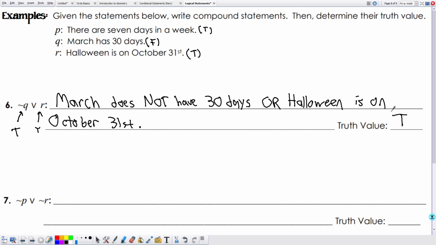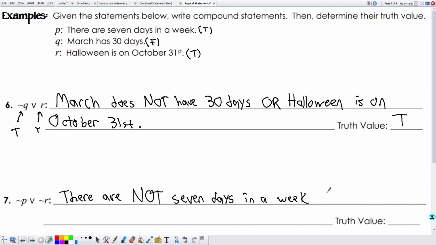And finally, number 7. This one's probably the most complicated one, but we'll see. It's not so bad. All right, not P, or since it's a down arrow, not R. So take the statement P, apply the opposite meaning to it. So there are not 7 days in a week.